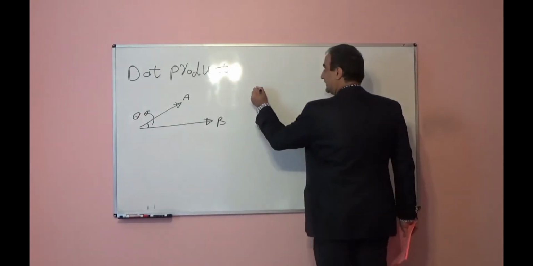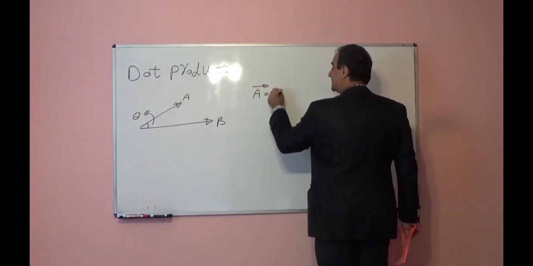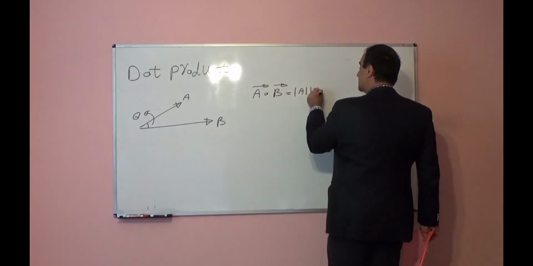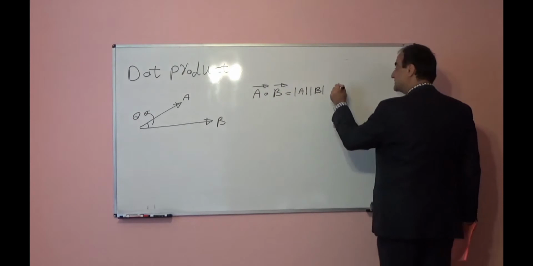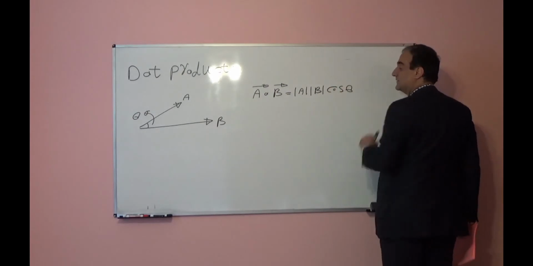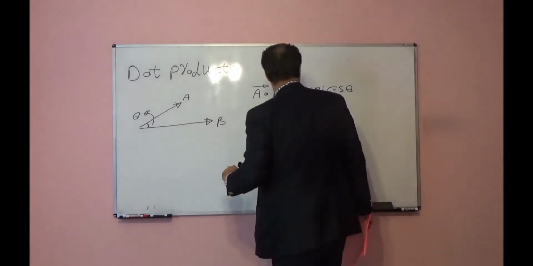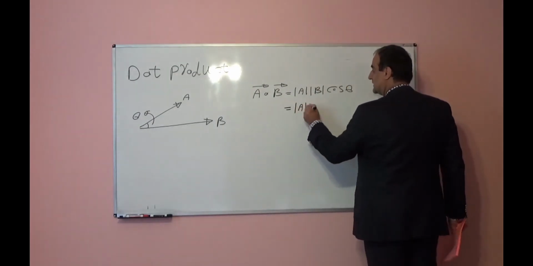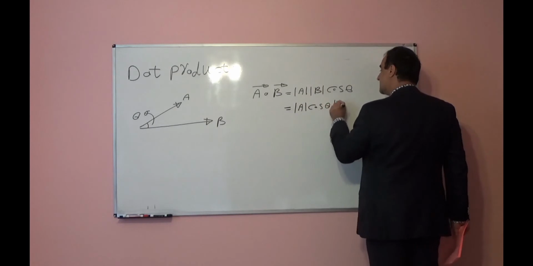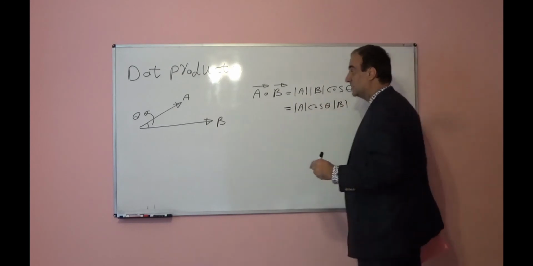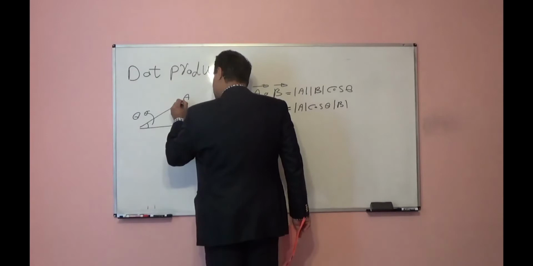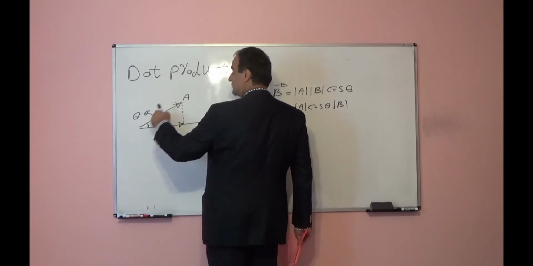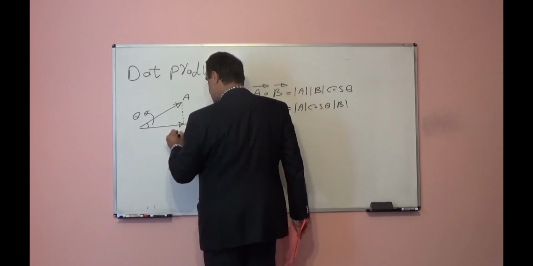So we defined A dot B is equal to magnitude of A times magnitude of B times cosine of the angle between A and B. So you see here, I can write this as A cosine theta times B. A cosine theta means we project vector A in the B direction.